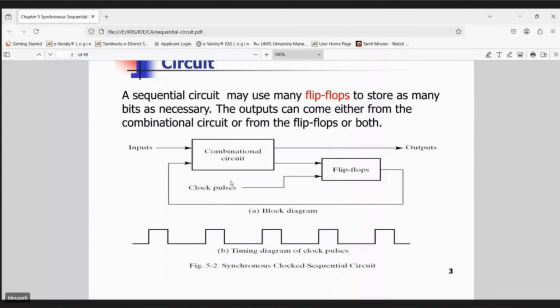The outputs can come either from the combinational circuit or from the flip-flops or from both.